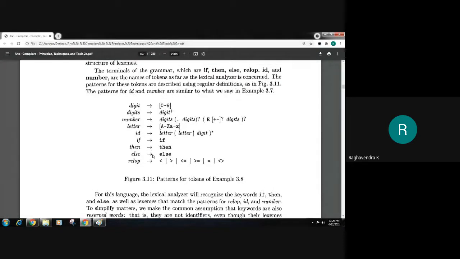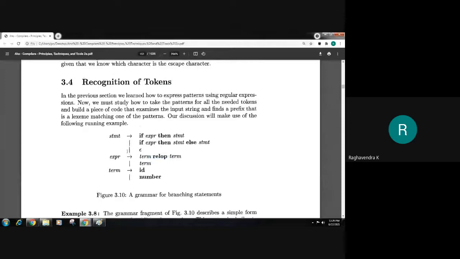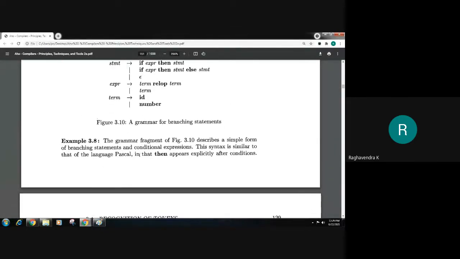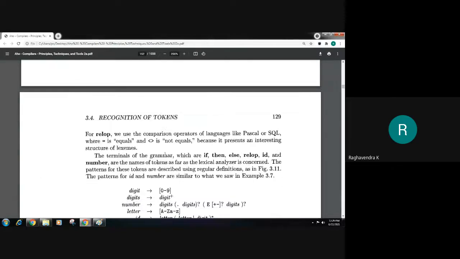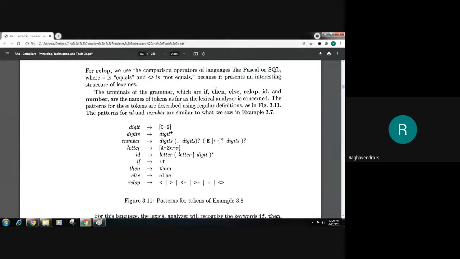In that particular grammar, there are certain tokens that need to be identified. So what are those possible tokens that are going to be used? Let us check.